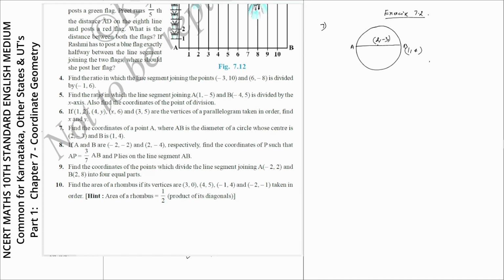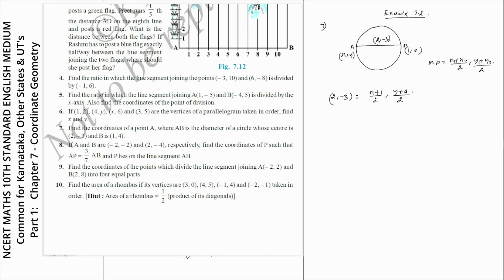What is the midpoint formula? Midpoint formula is given by x1 plus x2 by 2 and y1 plus y2 by 2. So here this is x, this is y. So the midpoint, that is 2, minus 3, is equal to x plus 1 by 2, y plus 4 by 2.